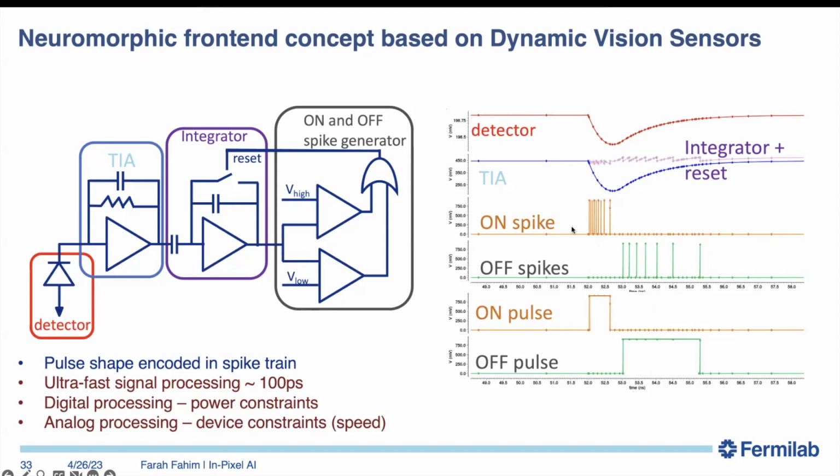And there are a lot of difficulties when you're trying to not only produce the spikes at a few hundred picoseconds, but also process spikes at a few hundred picoseconds. One biggest thing that I can see as an analog designer in the front end is how do you implement such a fast reset so that you can integrate the charge, quickly reset it, and be ready while the signal is still climbing. Of course, you can change the bandwidth of your TIA and make it really slow.